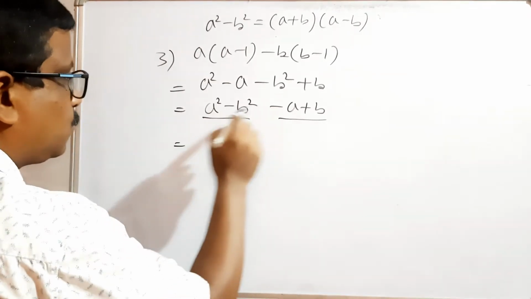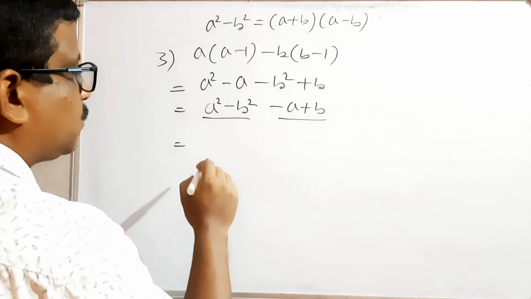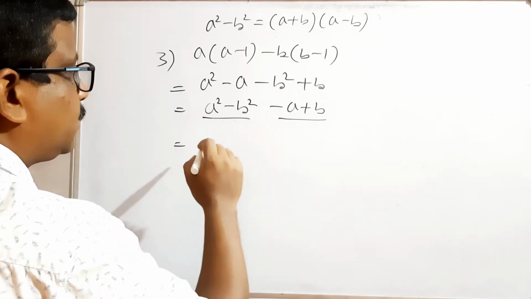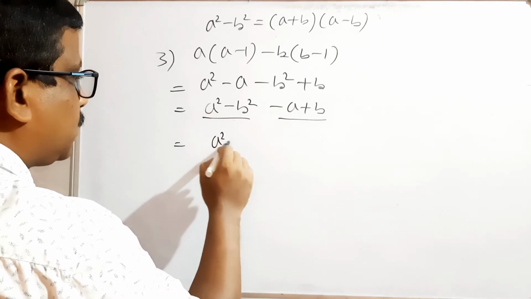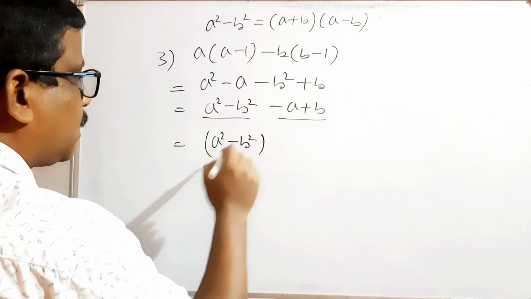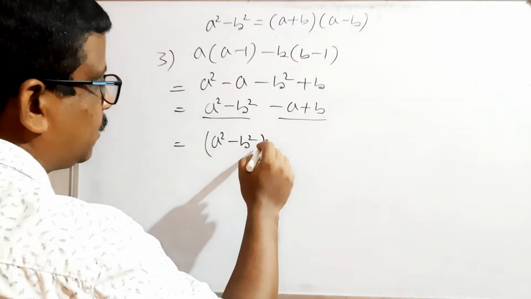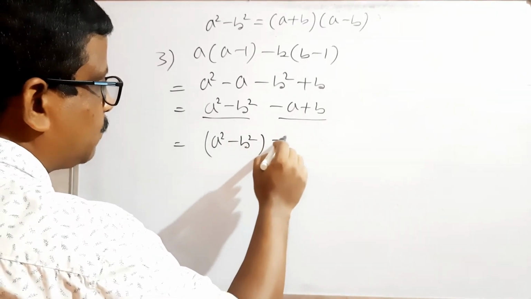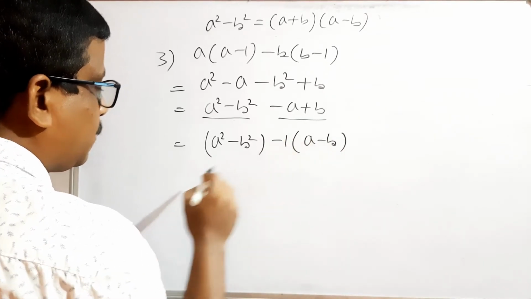You make two groups. Keep a square minus b square like this. Now here minus a plus b, what can you take common? Suppose I take minus 1 common. What is left? a minus b.